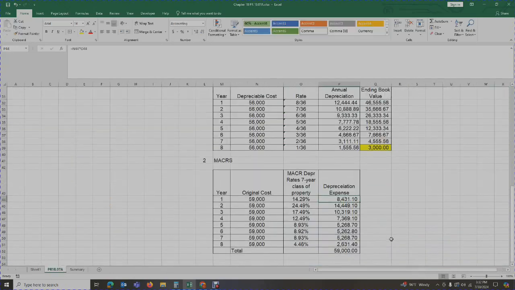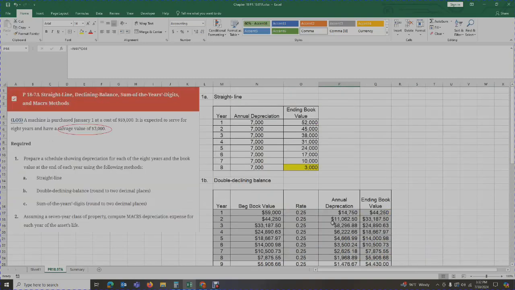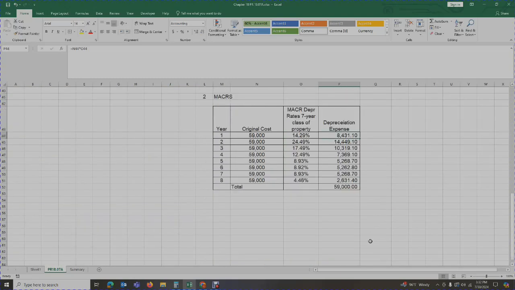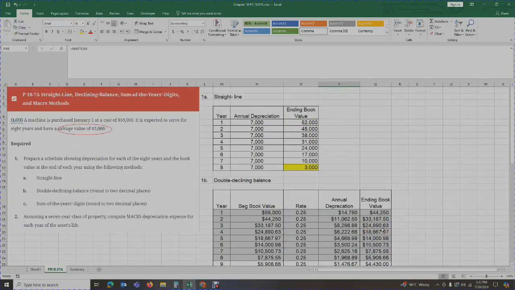Basically these are the different calculations using the three different depreciation methods: straight line, double declining, and the sum of years. We also compared it to using the MACRS depreciation formulas based on the tables provided. So these are all of the calculations.